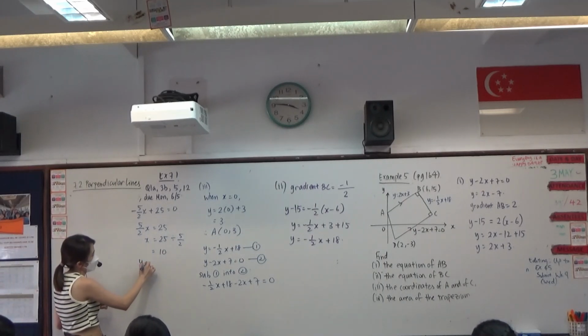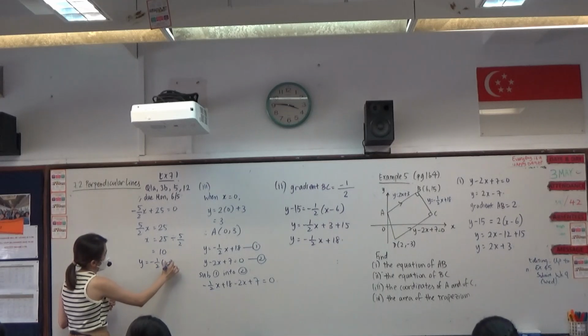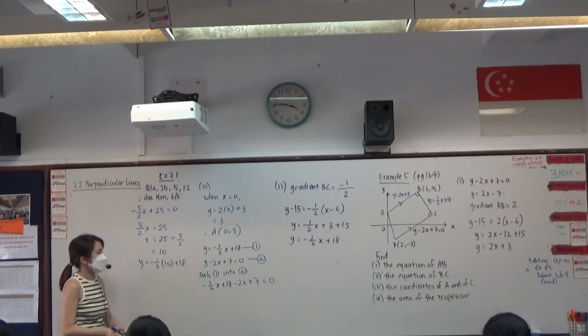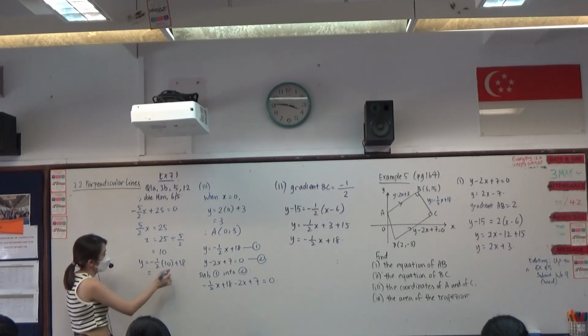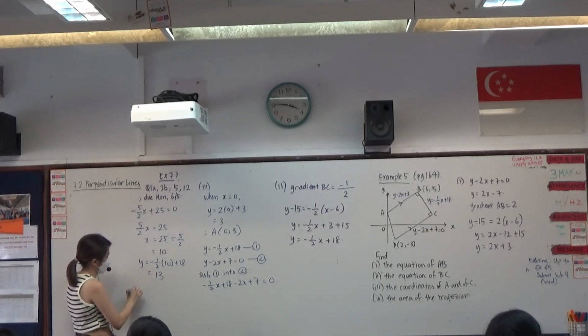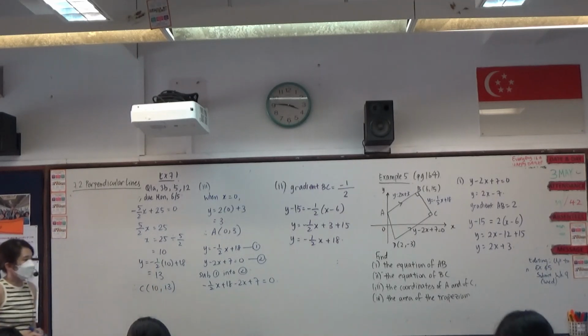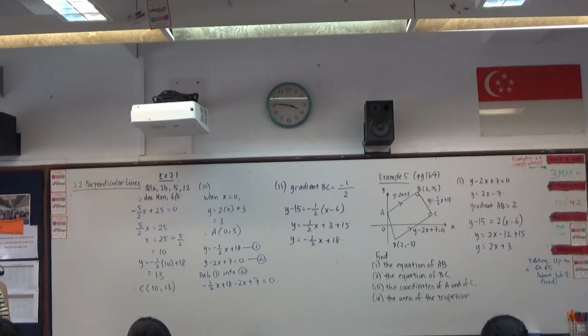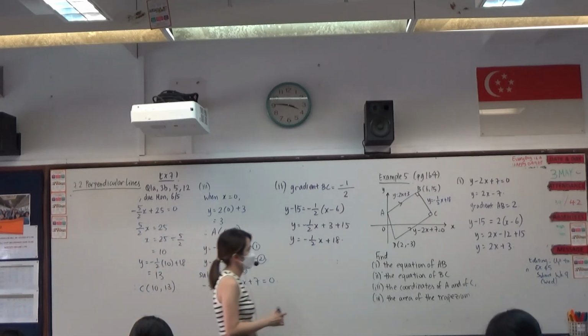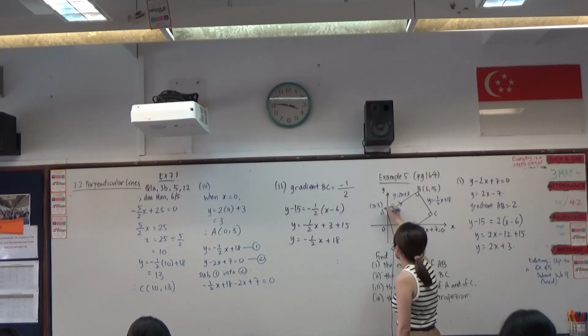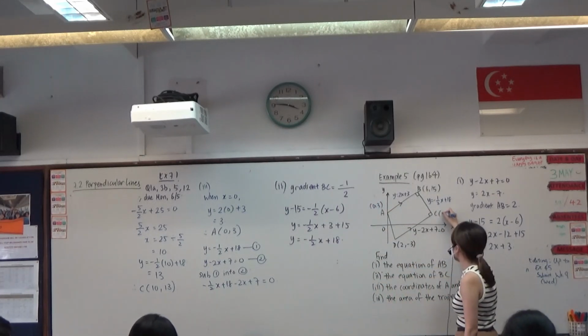And then our y can be found when I substitute x into equation 1. Negative 5 plus 18 is 13. So the coordinates of C will be (10, 13). So we found the coordinates of A as well as the coordinates of C.